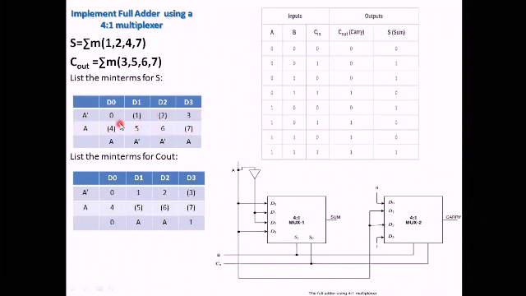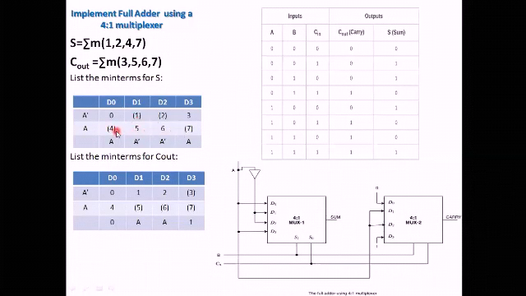Now we look for the min terms that are present in the sum expression. The min terms present are 1, 2, 4 and 7. We have to encircle them, so we have encircled 1, 2, 4 and 7.